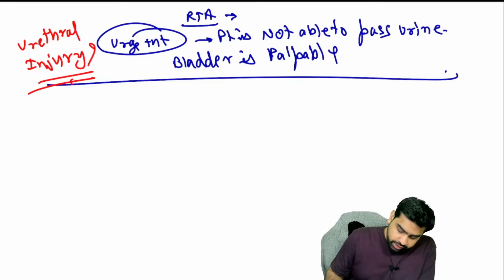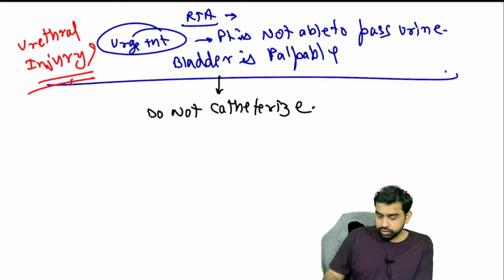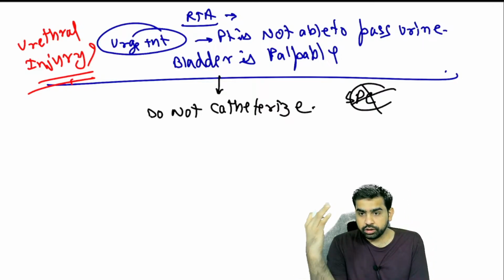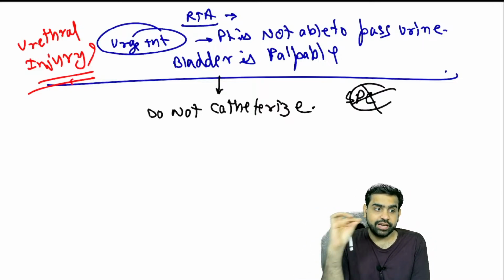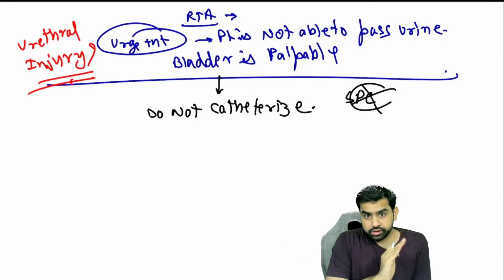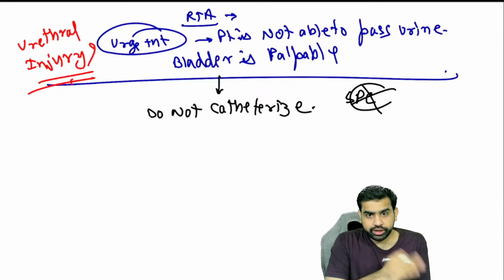So what you need to understand is that in the next step, do not catheterize. Do not put a Foley's catheter, no suprapubic catheter, nothing. Somebody will say that at some places they have written that a single gentle attempt at catheterization is still okay, but the risk is that you might end up converting a partial injury into a complete injury.